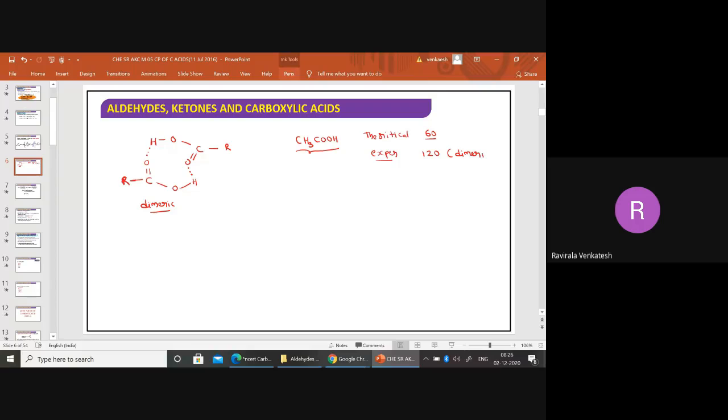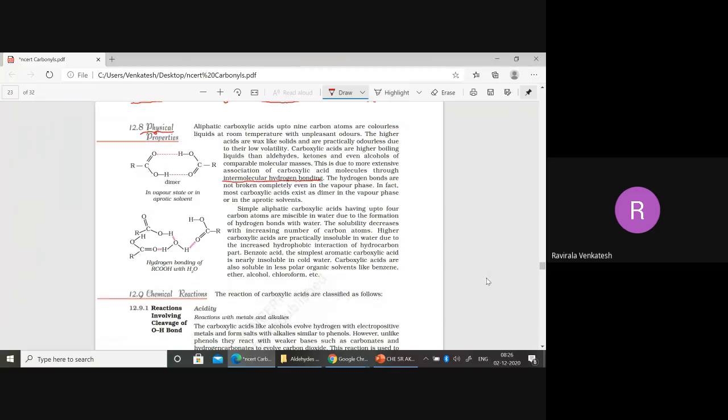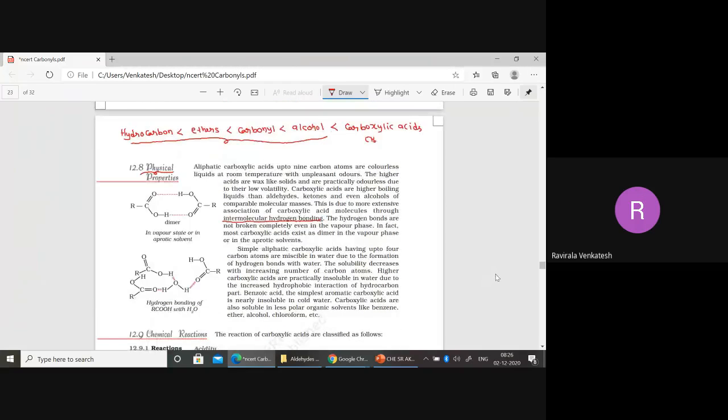Because of the dimeric nature of carboxylic acid. See, it is dimeric or not? Two molecules are now converted into one molecule. So you get dimeric nature here. Now one more thing: in alcohol also you have hydrogen bonds, but this type of dimer is not present.